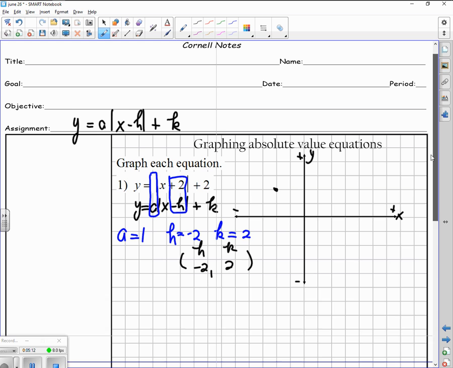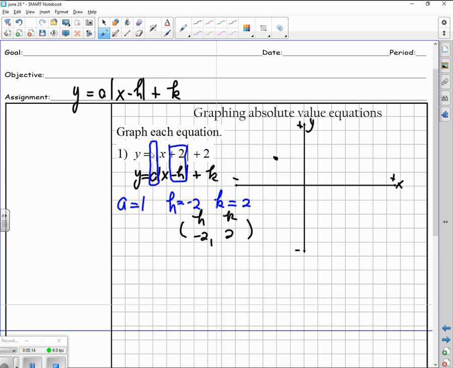And now the graph, since there's a 1 right here, is not going to change. You're going to go 1, 1, 1, 1, and your graph will be right about here. Think of it as a ball coming here and rebounding, and then it's going to go in this direction, and that'll be your graph.